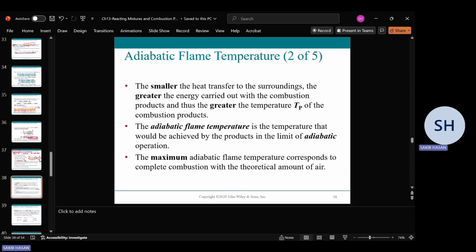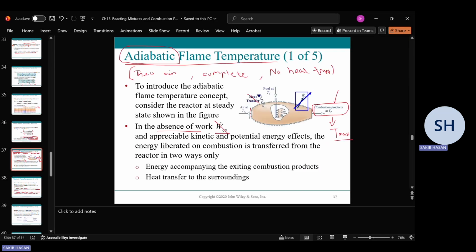All right. Now, again, they've basically said the same thing here. So the maximum adiabatic flame temperature corresponds to complete combustion with a theoretical amount of air. So the actual adiabatic flame temperature is just the temperature that would be achieved in the limit of the adiabatic operation. So no matter the amount of air, well, I seem to have made a mistake here.